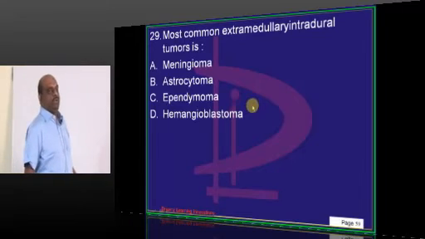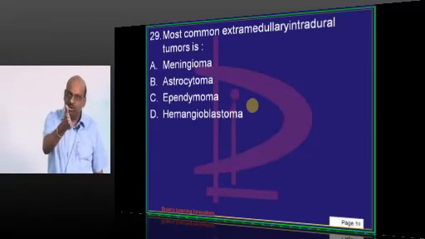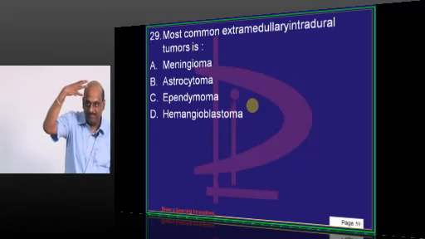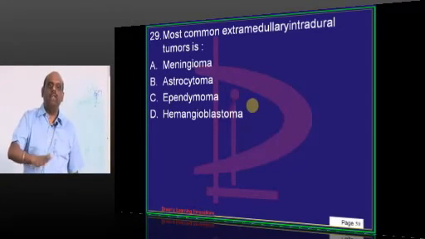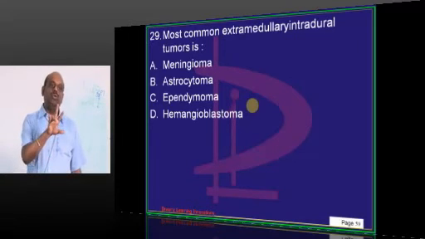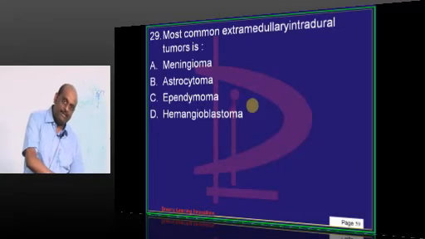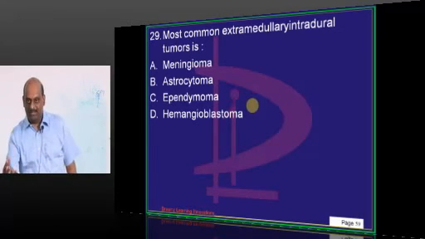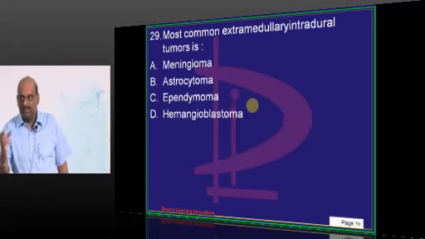Remember doctor, a simple rule. In the spinal cord, the dura will be there, just like in the brain. Outside the dura, inside the dura, a tumor can be. Accordingly, you have two kinds: extradural tumors and intradural. What is inside the dura? The spinal cord.